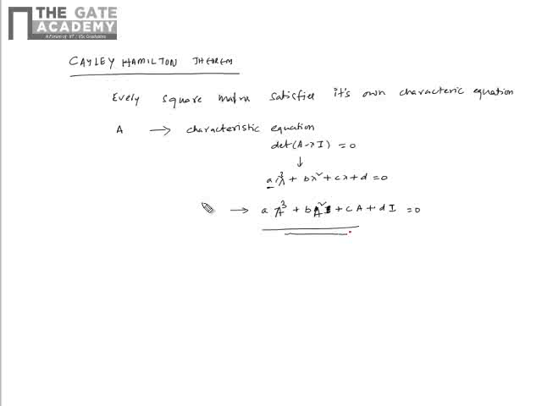So it's quite a simple theorem, but this relation, putting A in place of lambda, or basically the matrix satisfying its own characteristic equation, is an important fact, because it will be helpful in evaluating your A inverse. We'll see how A inverse can be evaluated very easily.